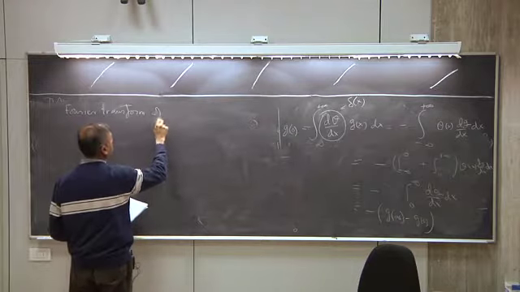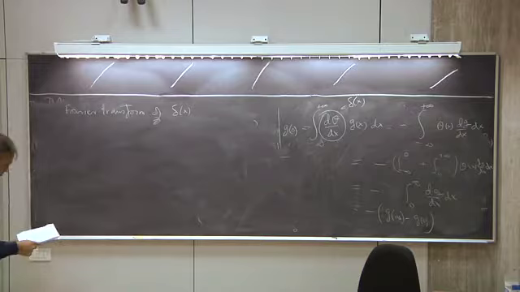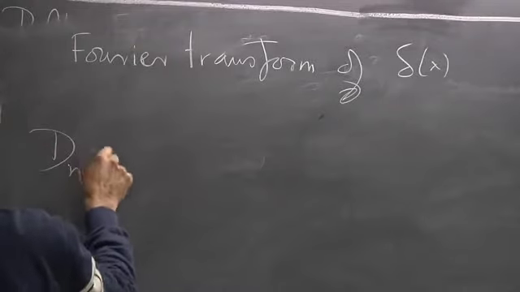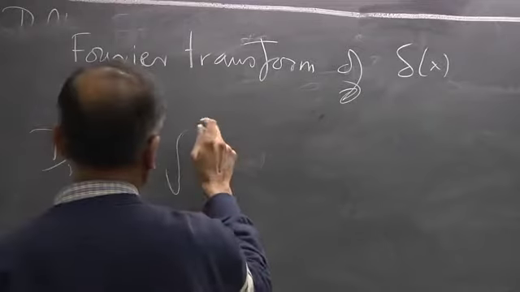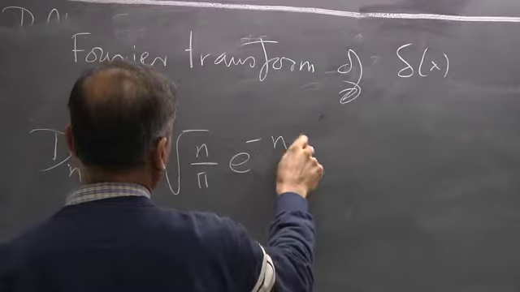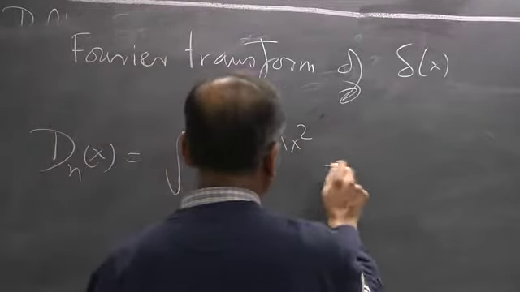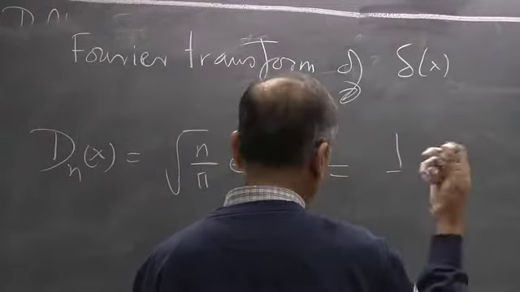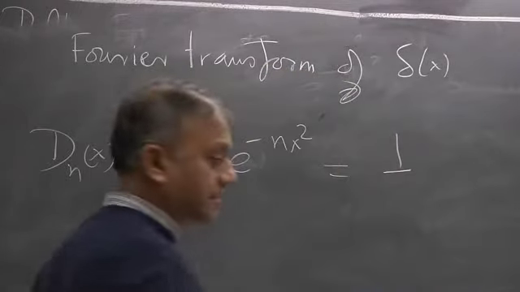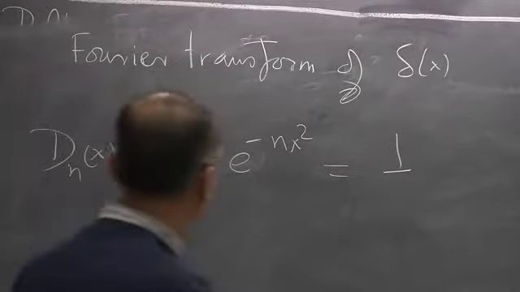Well, actually, the delta n of x that we had written down, which was simply root n by pi e to the minus n x square, I can rewrite. This is, I think, from one of the examples in chapter 2, I mean, the complex analysis chapter.